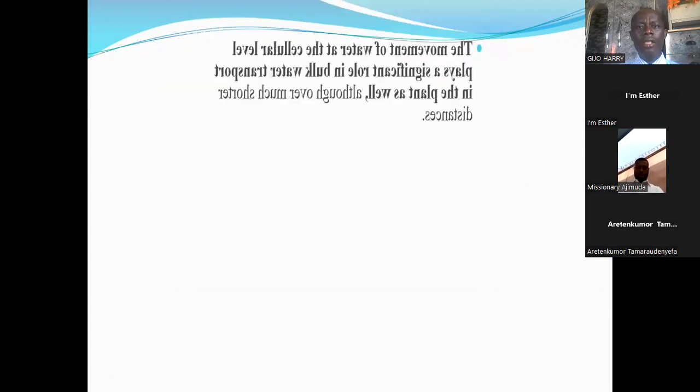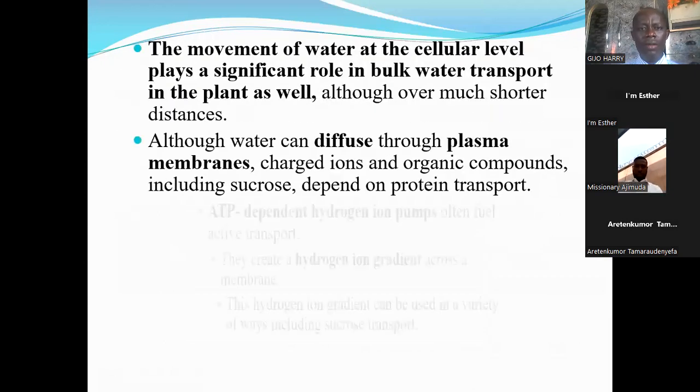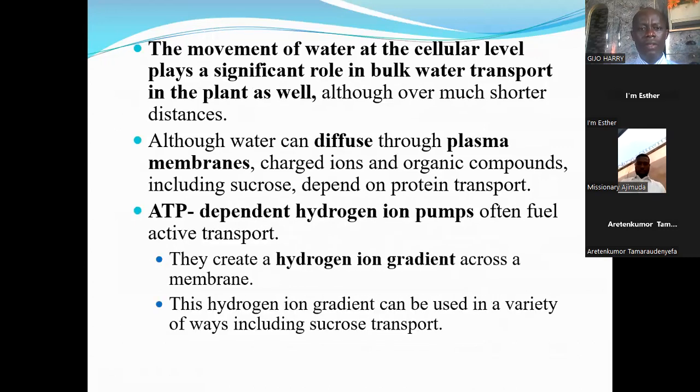We also looked at other factors: the movement of water at the cellular level plays a significant role in bulk water transport in plants as well.